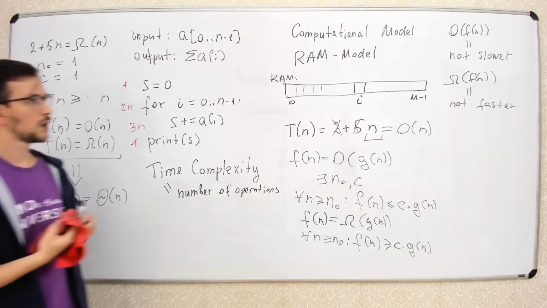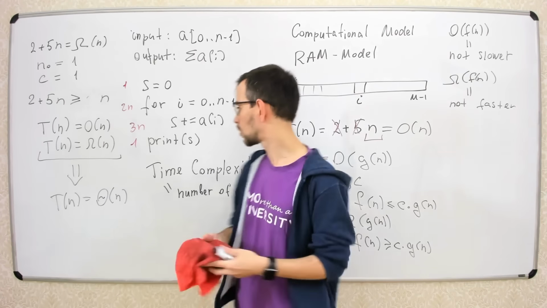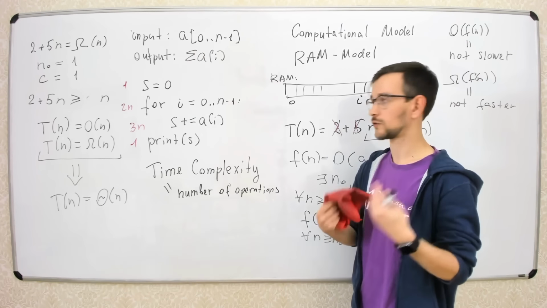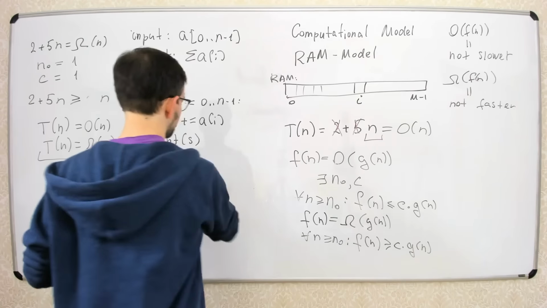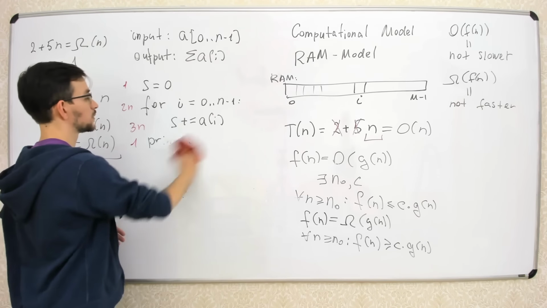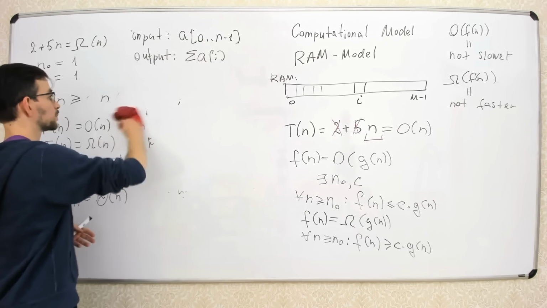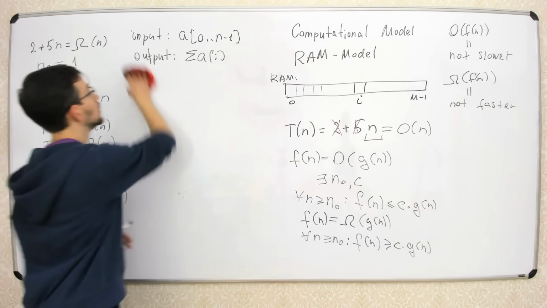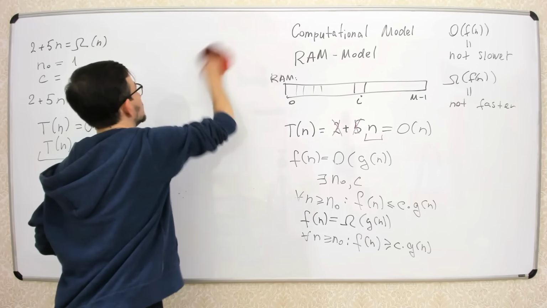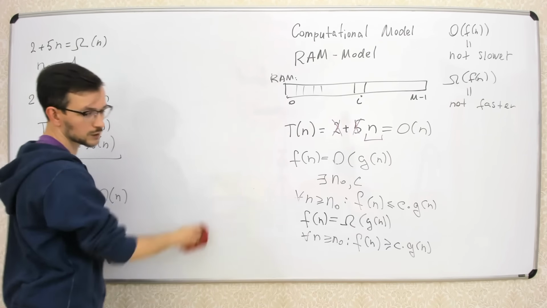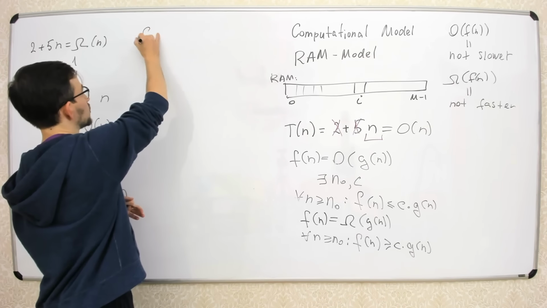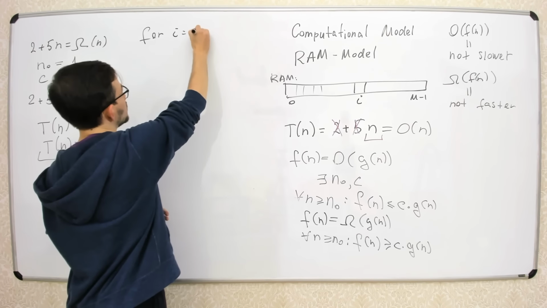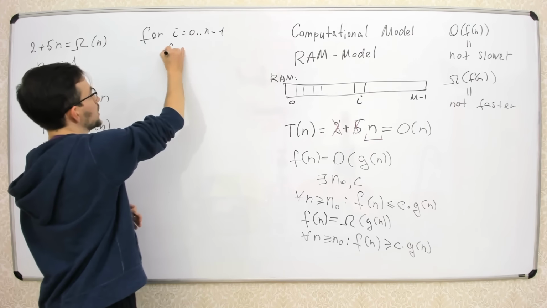Now, how to calculate this number of operations for your algorithm? There are different cases. Sometimes it's very simple. For example, if you have two cycles, you have cycle i from 0 to n minus 1, and then inside you have cycle j.